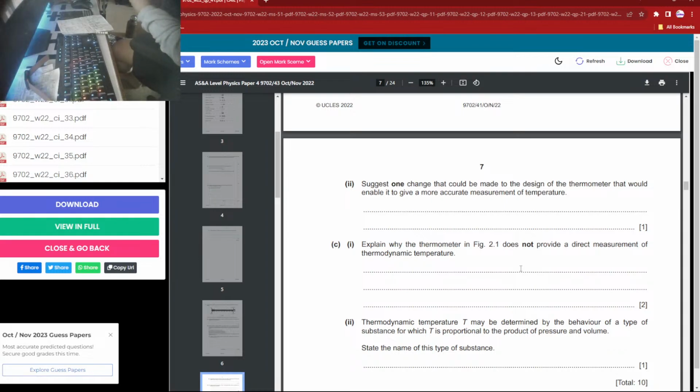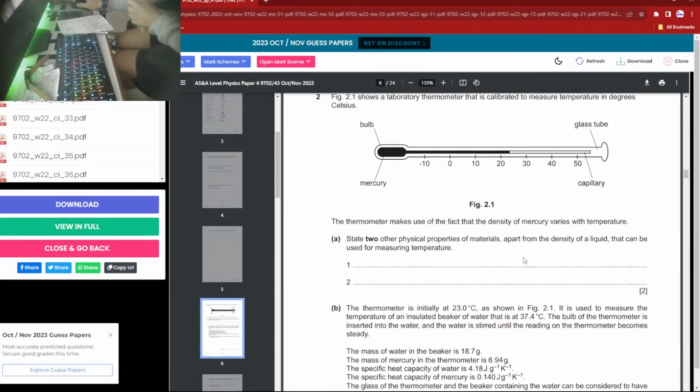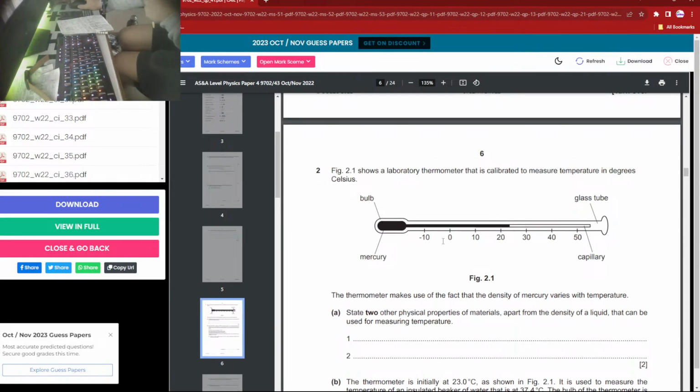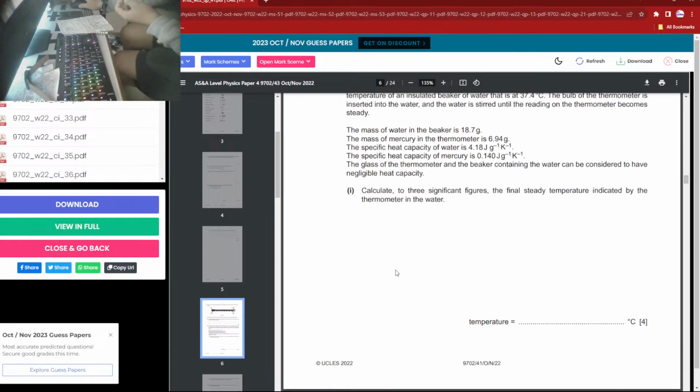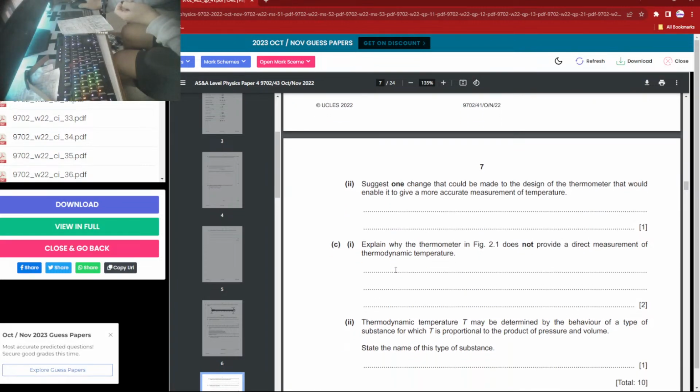Okay, C1, explain why the thermometer in figure 2.1 does not provide a direct measurement of thermodynamic temperature. So it does not give a direct measurement, because 0 degrees Celsius is not absolute zero.